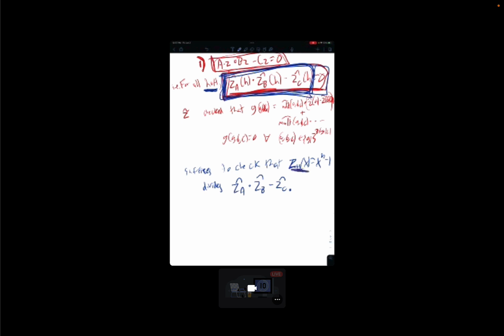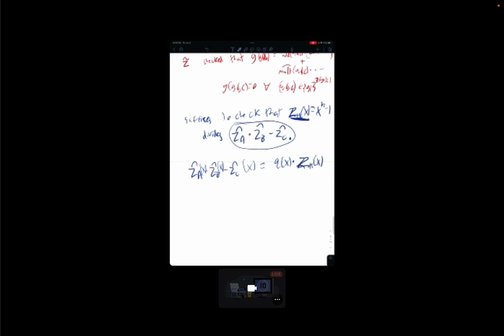Obviously if the vanishing polynomial divides something, that is, if you can write ZA hat times ZB hat minus ZC hat as a product of something times the vanishing polynomial, well, the right-hand side clearly evaluates to 0 for all x in the set capital H, and so that means the left-hand side also has to equal 0 for all x in the set capital H. So clearly, if the vanishing polynomial divides this thing, then the thing vanishes over the Boolean hypercube.